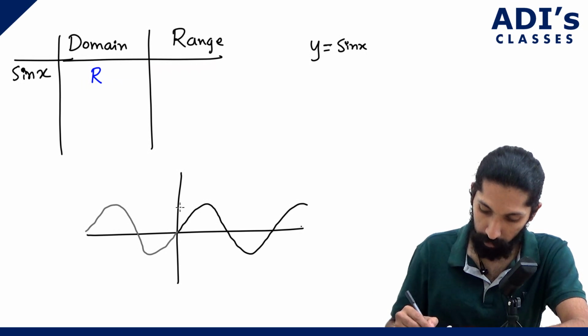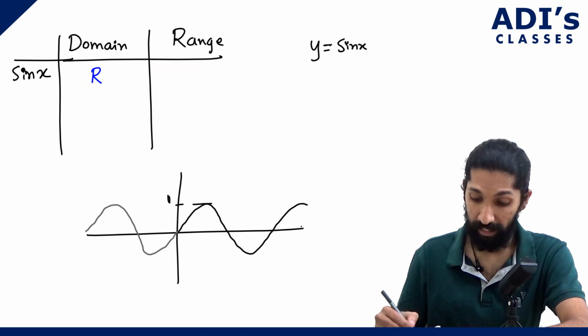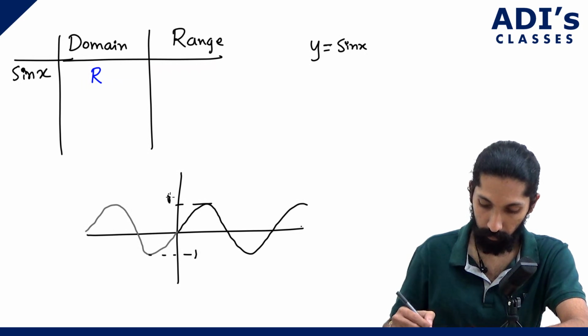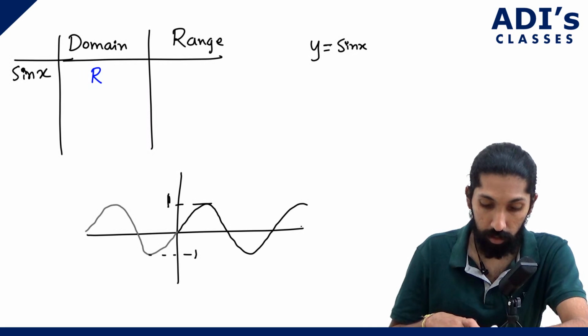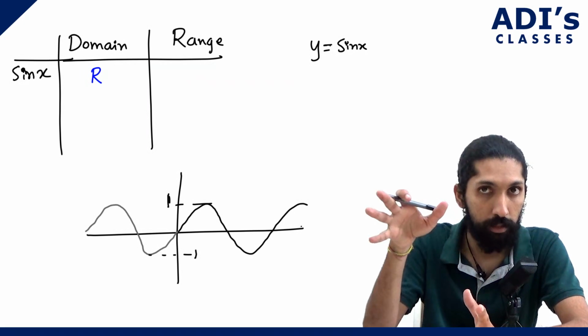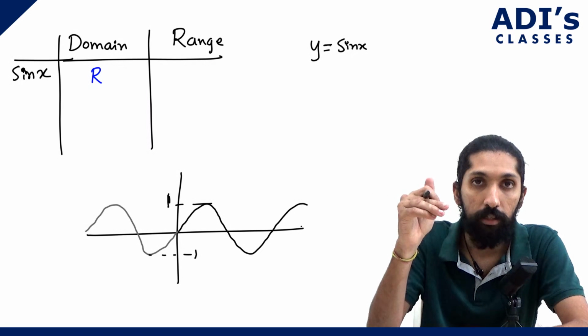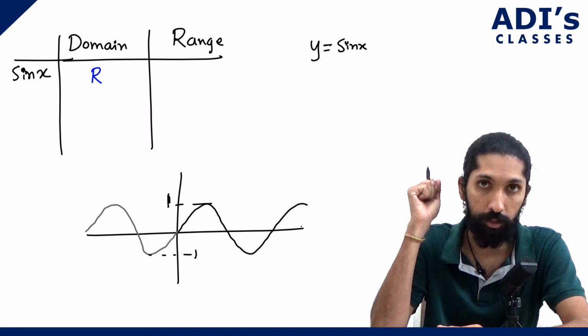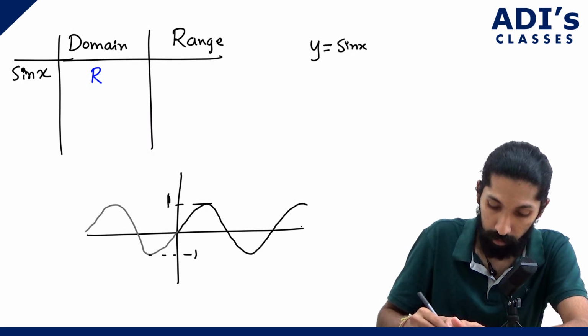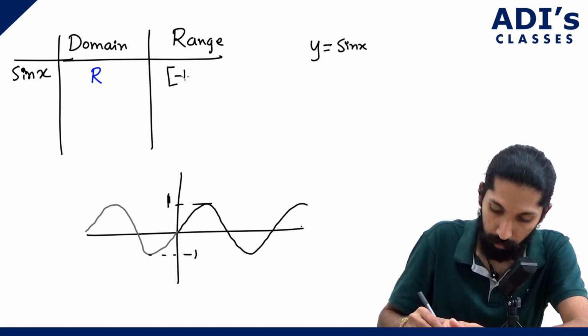Now, the maximum value is 1 and the least value is -1. So the range of this function varies from -1 to 1. Anything beyond that, you can never have in a sine function, right? We all know this. So the range of the sine function is -1 to 1.